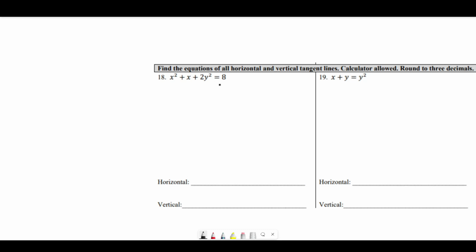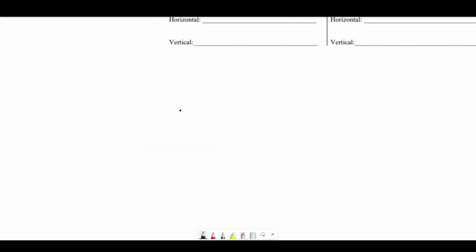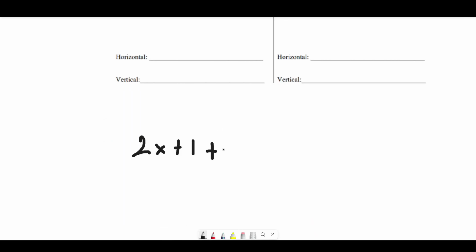So we have x squared plus x plus 2y squared equals 8. And I'm going to take the derivative of that with implicit differentiation. So we're just going to be left with 2x plus 1 plus 4y dy over dx equals 0.